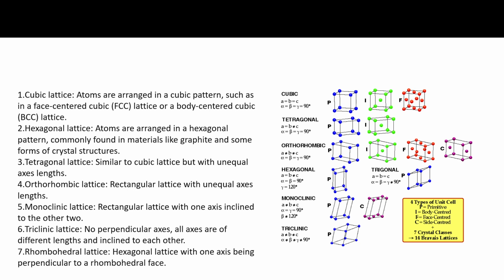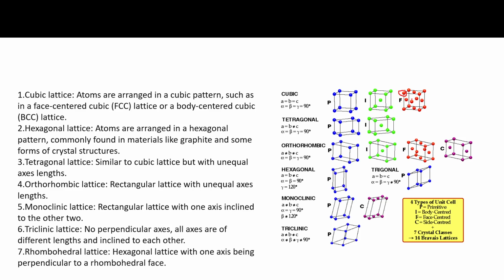So when we talk about the unit cell, there will be four types of unit cell. One is the primitive, one is the body center, where there is one placement of one molecule in the middle of the center. Then the face center, where atoms are present on all the faces in the case of cubic.